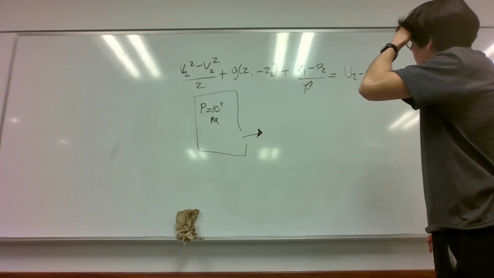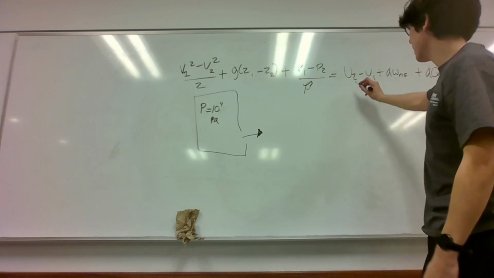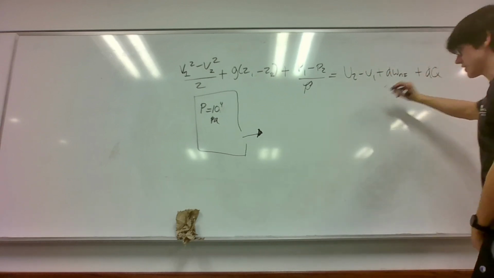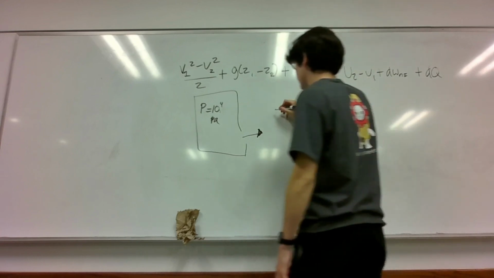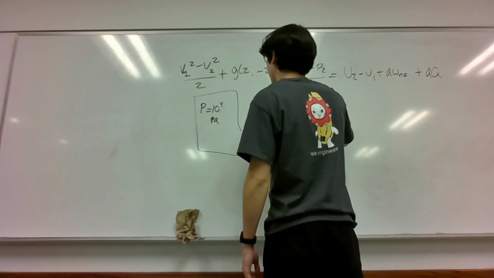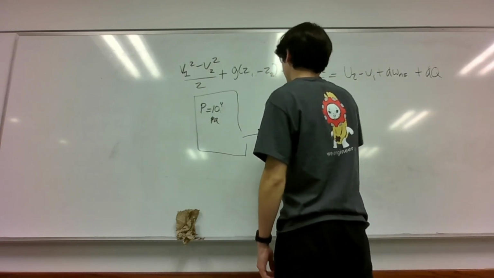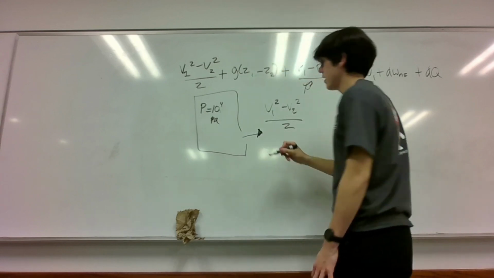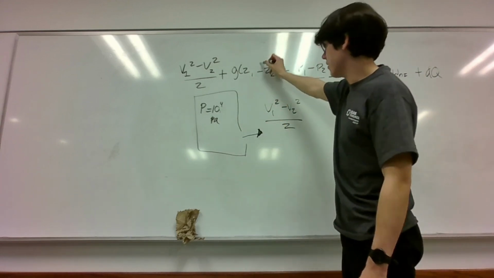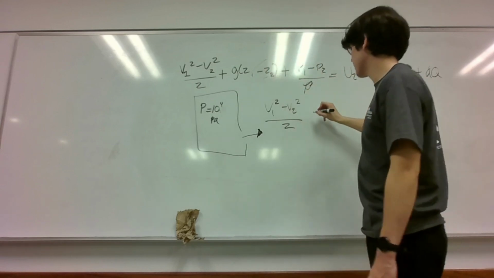So it's a steady state. So none of this stuff on this side is going to be changing since we're at steady state. So we're going to say V1 squared minus V2 squared over 2. And then again, we're going to neglect this change in height here. Just cancel this term out to make it easier for ourselves.